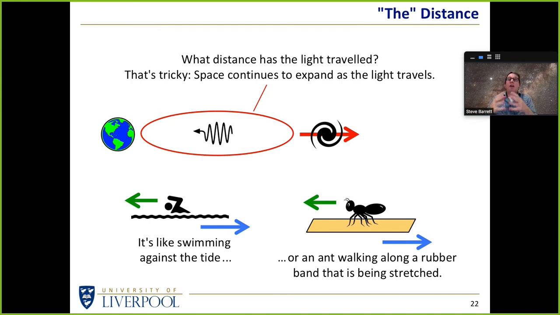If we have an understanding of, well, the universe started off this size and has been expanding like this, then we can work out, if it's expanding in a particular way, and the light left at that point and then arrived at this point, what space was doing in the intervening time, and we can work out how far the light has actually travelled. But it does rely on us having some sort of model of how the universe is expanding.